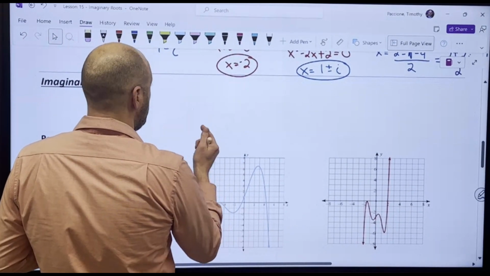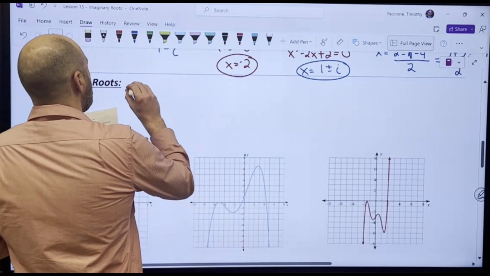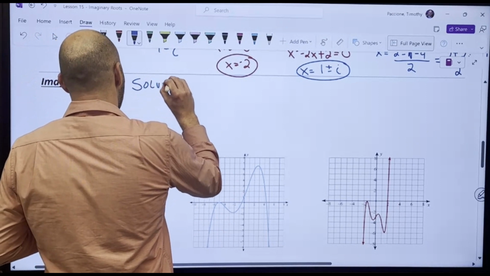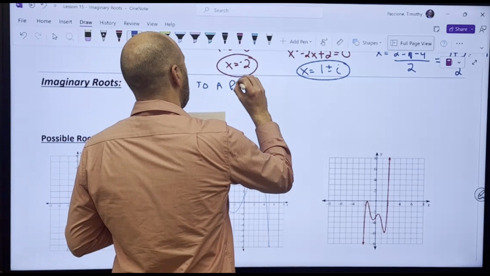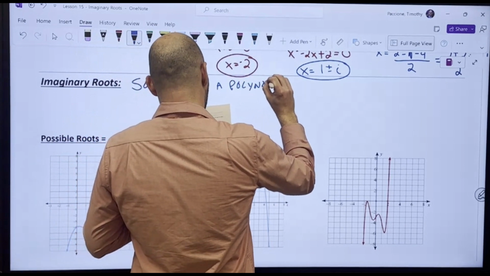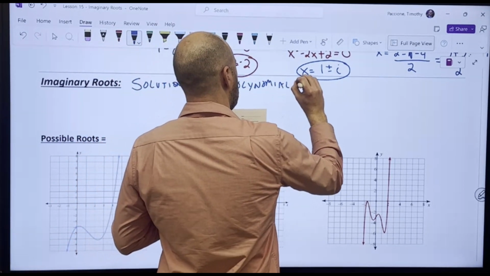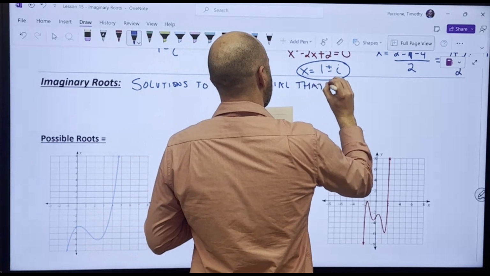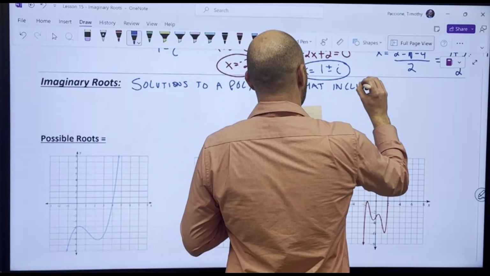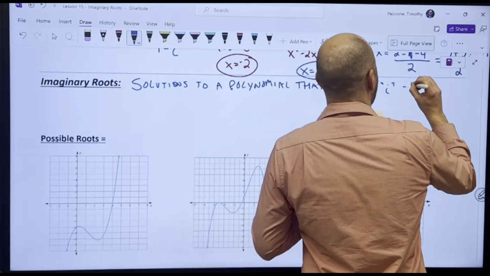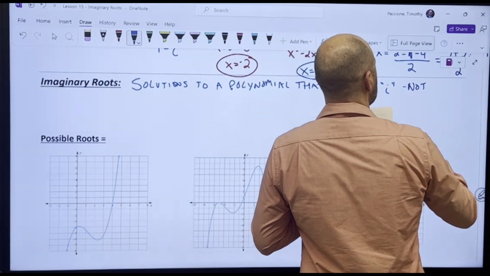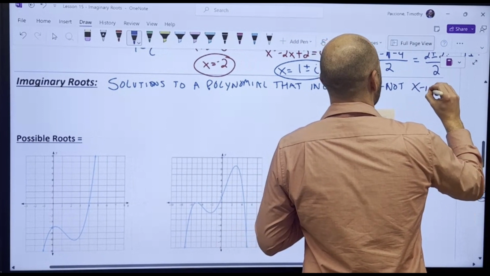So imaginary roots, again, are solutions to a polynomial that include i and are not x-intercepts.